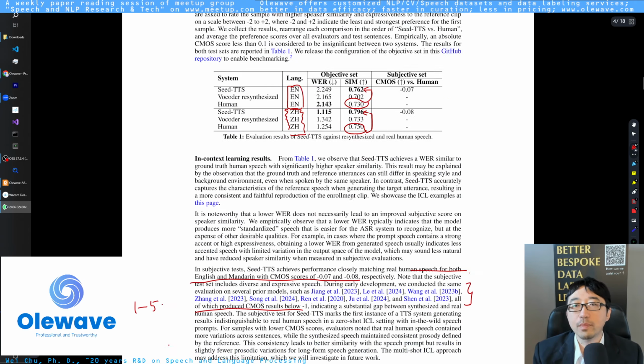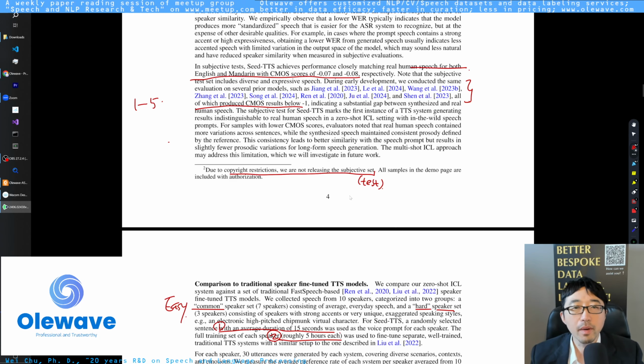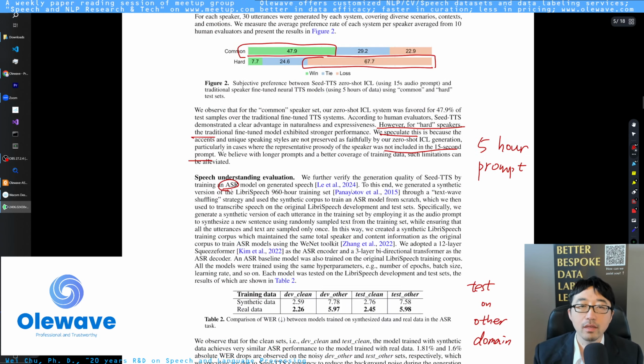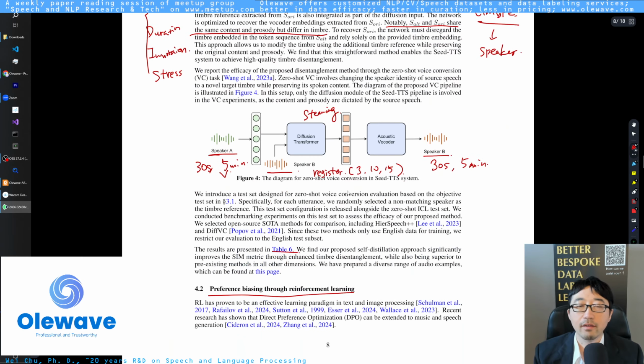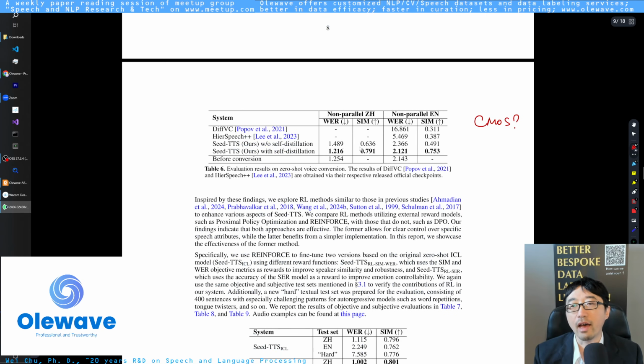So they can use these pairs of data, probably as many as they want, in this voice cloning task by training this model, just to make this diffusion transformer better and better. That's why I think they have much better WER and similarity measure compared to previously published work. Okay.